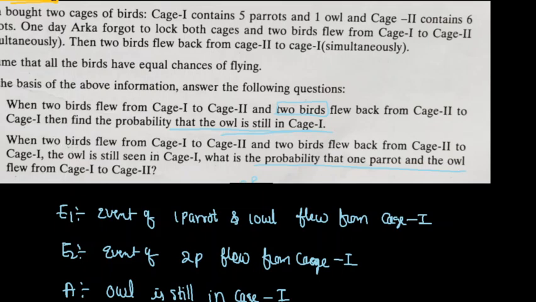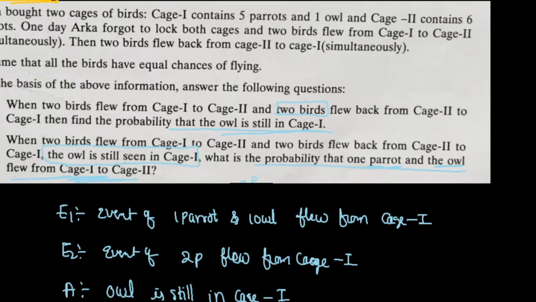When two birds flew from cage 1 to cage 2 and two birds flew back from cage 2 to cage 1, the owl is seen in cage 1. What is the probability that one parrot and one owl flew from cage 1 to cage 2? What is he saying here? Already seen means the event has already occurred.